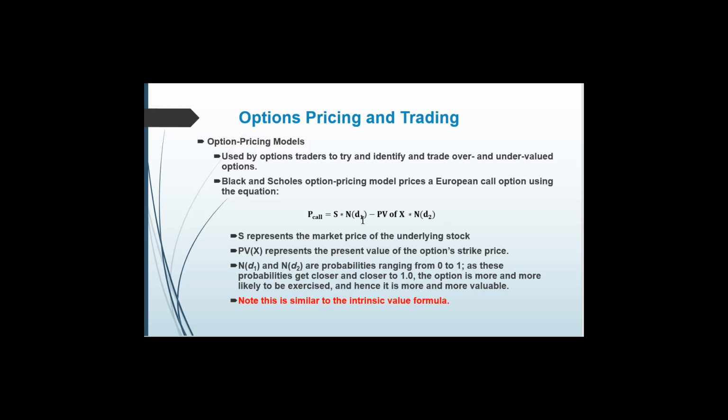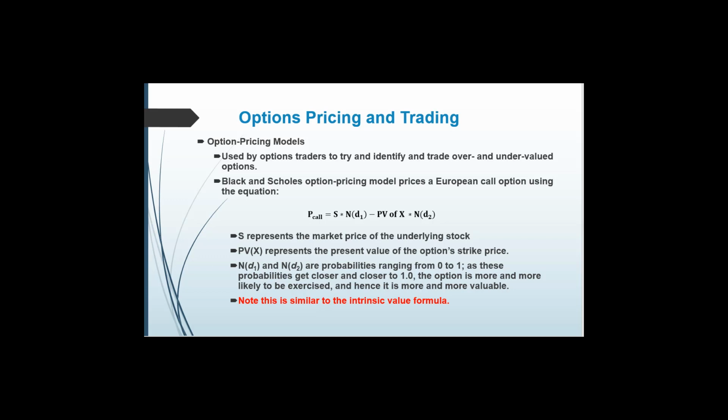We'll talk about what d1 is, but this is just the probability of the stock price happening, minus the present value of the exercise price, again multiplied by the probability that that exercise price happens. So this really is just a picture of intrinsic value: the stock price minus the exercise price. But it applies statistical measures that incorporate the characteristics of the variables that we've talked about previously.